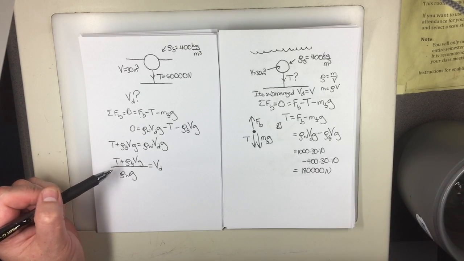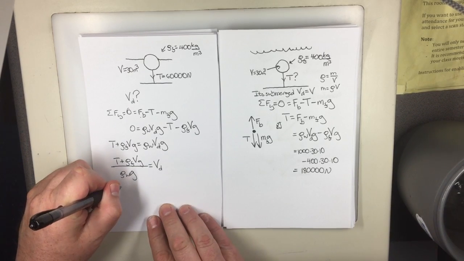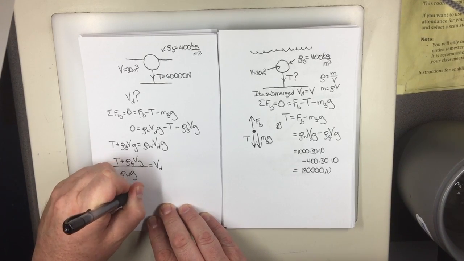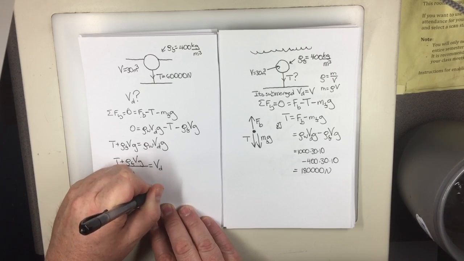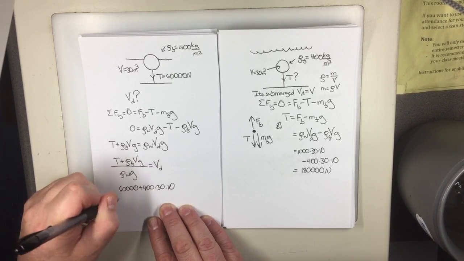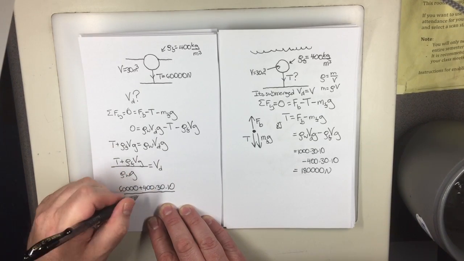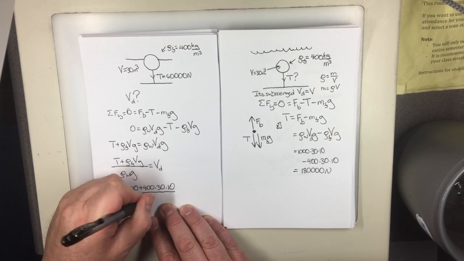But since the T does not have a factor of g, we do not cross anything out. So this makes it 60,000 plus 400 times 30 times 10. Hopefully that will give me a number that works out fine. Rho water 1,000 times 10.